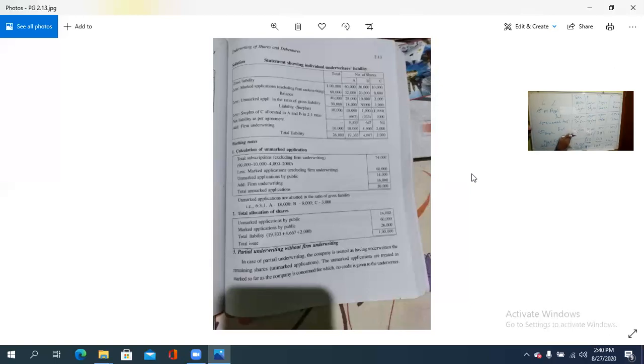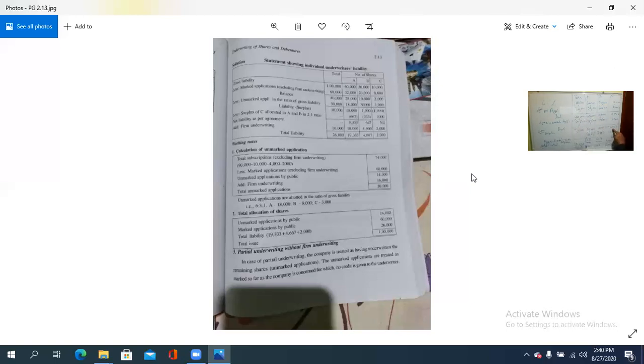So 16 plus 14, 30,000. Our 30,000 are unmarked, that is to be apportioned among 6:3:1 ratio. So we got 18, 9, and 3. Then we deducted and we get the balance.